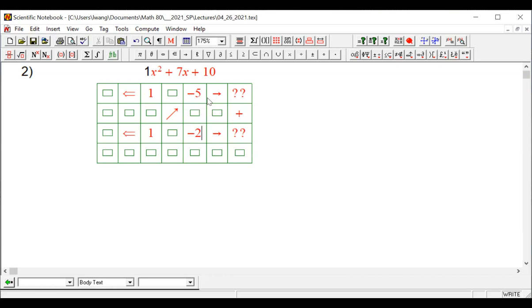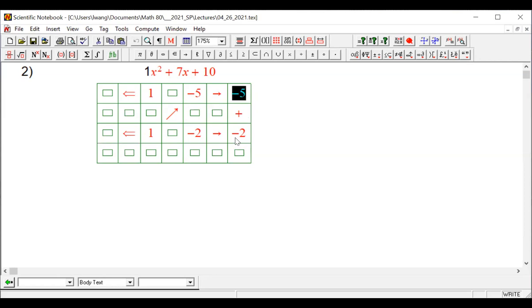For example, if we try -5 times -2, and once this is set up, we multiply 1 with -5, where we get -5. 1 times -2, we get -2.